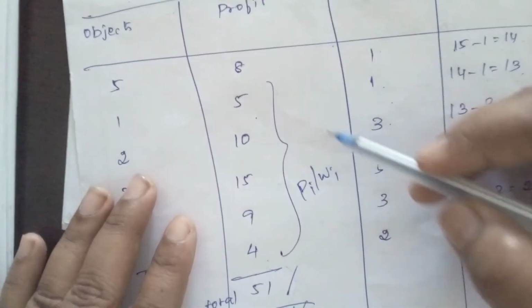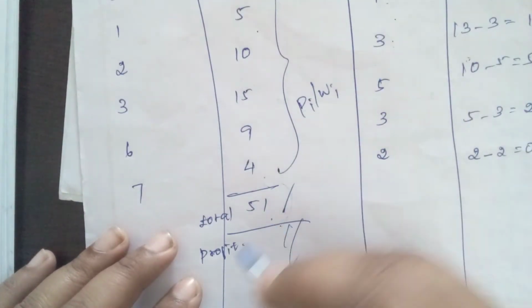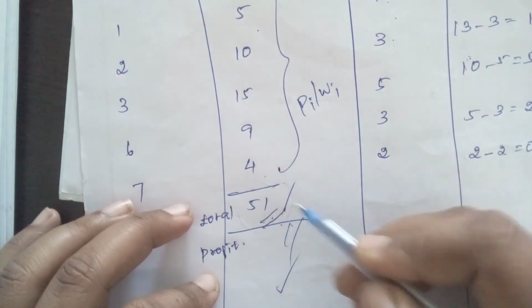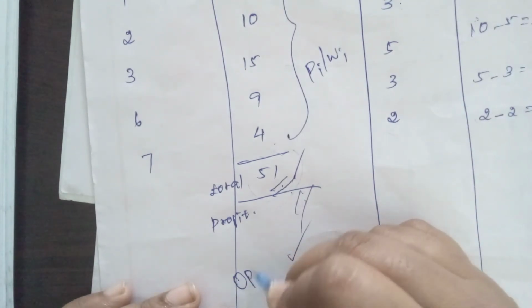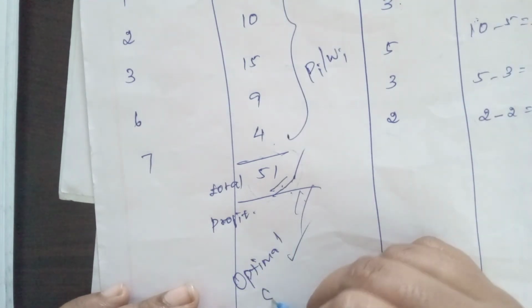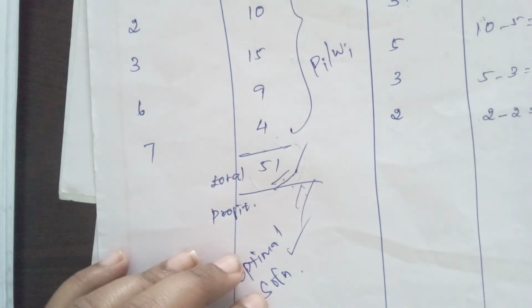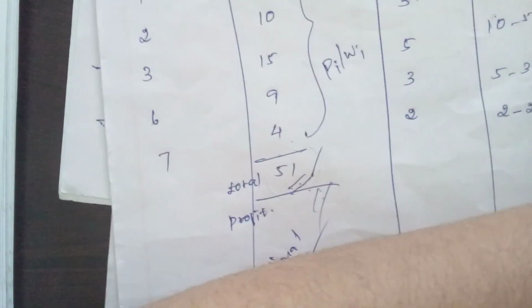But based on the fraction method, based on Pi/Wi, we got the value 51. Of the three methods, the fraction method gives the maximum, so it is the optimal solution. Okay, like this way the fractional problem can be solved. This is very important.